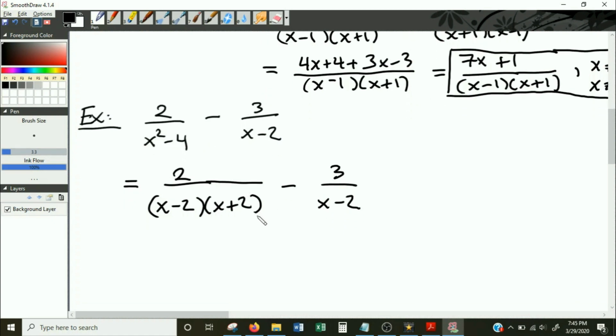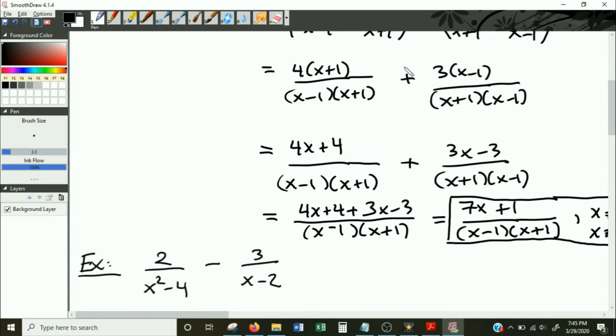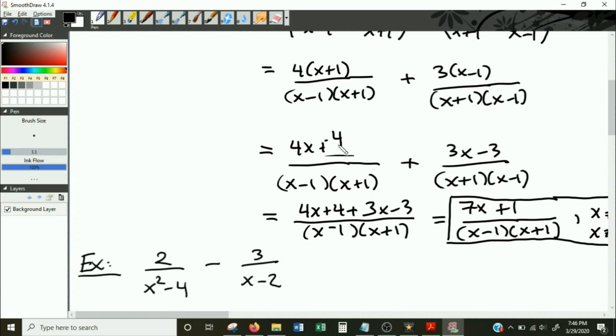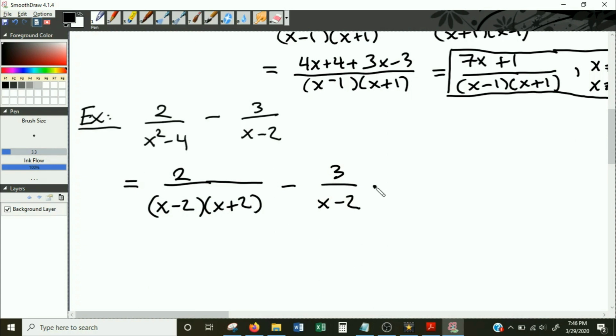So what we're going to do now is do the same thing that we did up here with multiplying by a fraction equal to 1, with the same expression above and below. So what I'm going to do is multiply it by x plus 2 here.